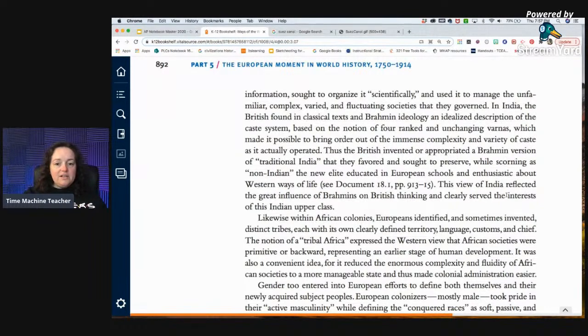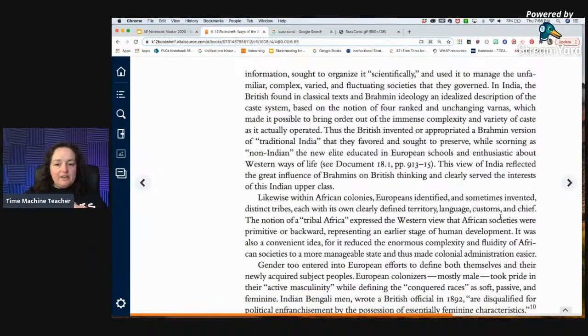Thus, the British invented and appropriated a Brahmin version of the traditional India that they favored and sought to preserve, while scorning as non-Indian the new elite educated in European schools and enthusiastic about Western ways of life. This view of India reflected the great influence of the Brahmins on British thinking and clearly served the interest of this Indian upper class.